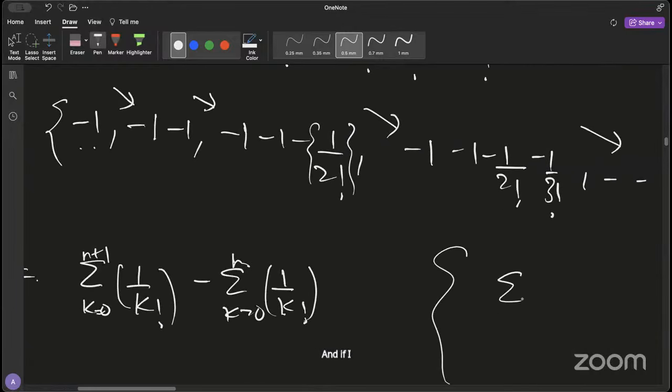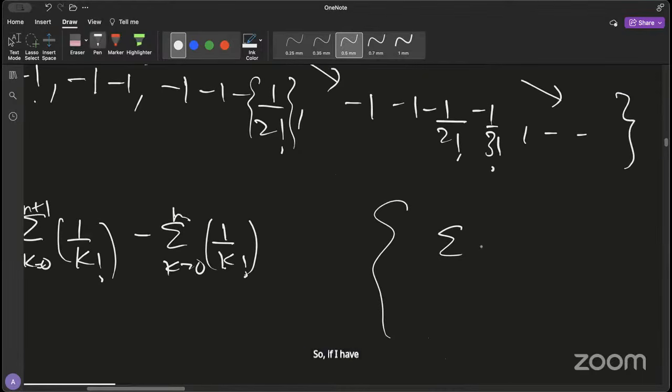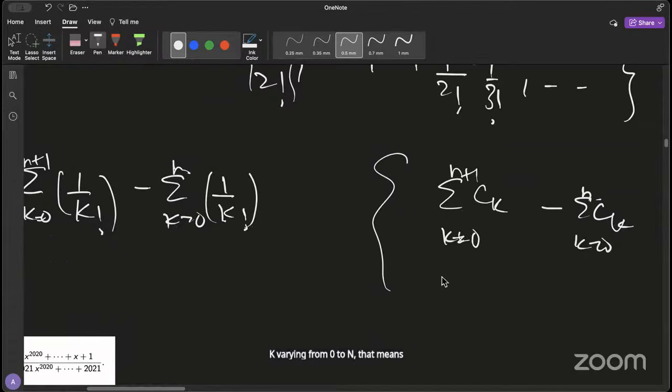And if I have summation Ck, k varying from 0 to n plus 1, and summation Ck, k varying from 0 to n, that means this is C0 plus C1 plus C2, so on till Cn plus 1.